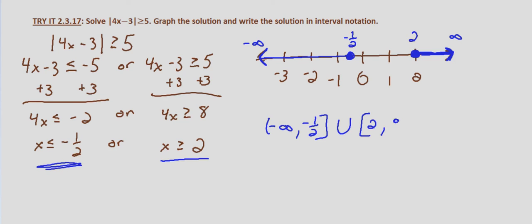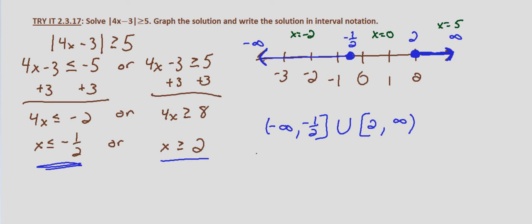And then we can check our interval solution by plugging in values that are in each interval. So let's use x equals negative 2. We'll use x equals 0, which shouldn't be a solution. And then let's go with x equals 5.